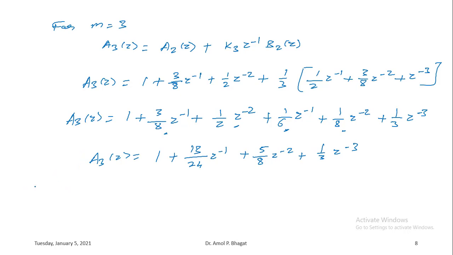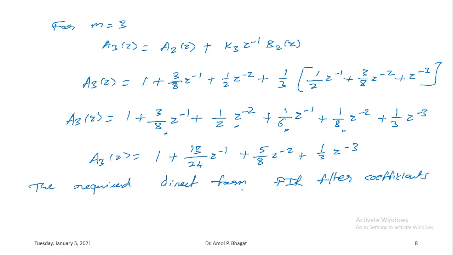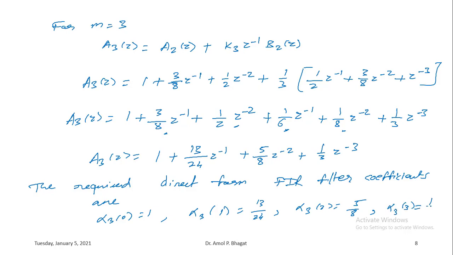So the required direct form FIR system or filter coefficients are: alpha 3 of 0 is 1, then alpha 3 of 1 is 13 by 24, alpha 3 of 2 is 5 by 8, and alpha 3 of 3 is 1 by 3.